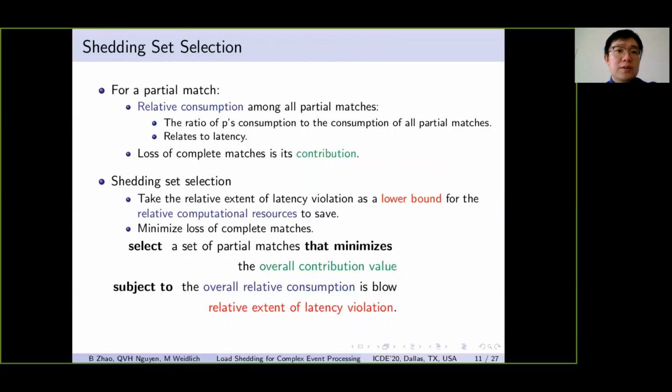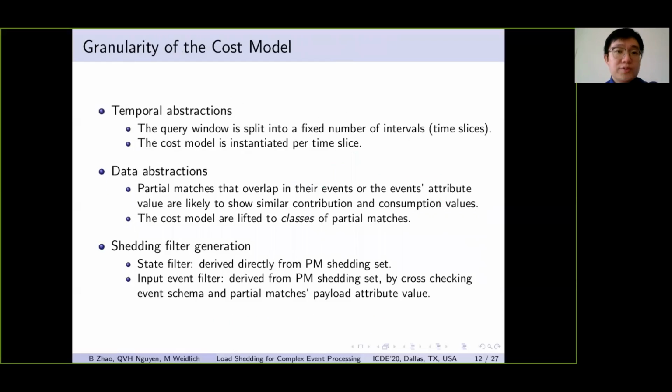It should be noted that any decision of load shedding must be made instantly. Therefore, we discuss some optimizations, especially to significantly reduce the search space. To this end, we consider the granularity of cost models and lift it by temporal abstractions and data abstractions.